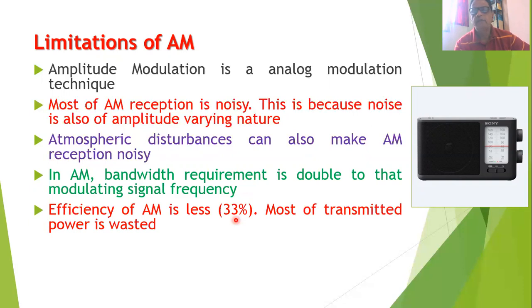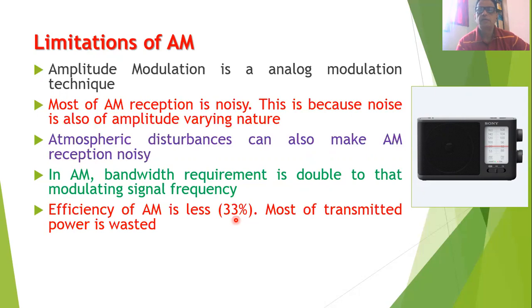When the AM signal is transmitted, most of its power is wasted. When we compute the efficiency of the amplitude modulated signal, you will find that the efficiency of AM is very low, only about one third or 33%.